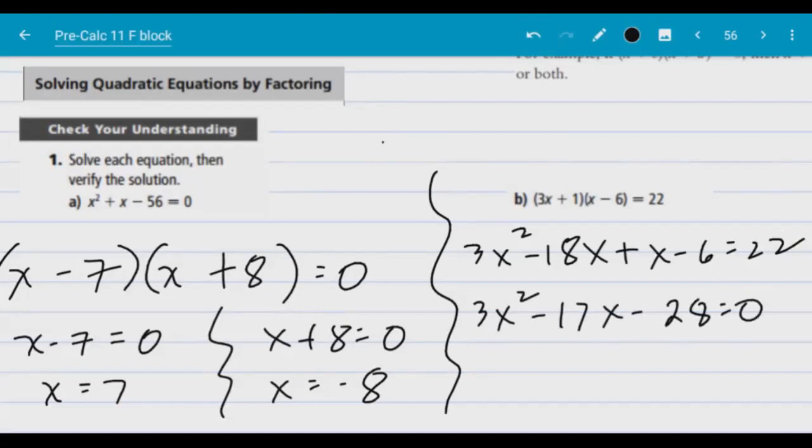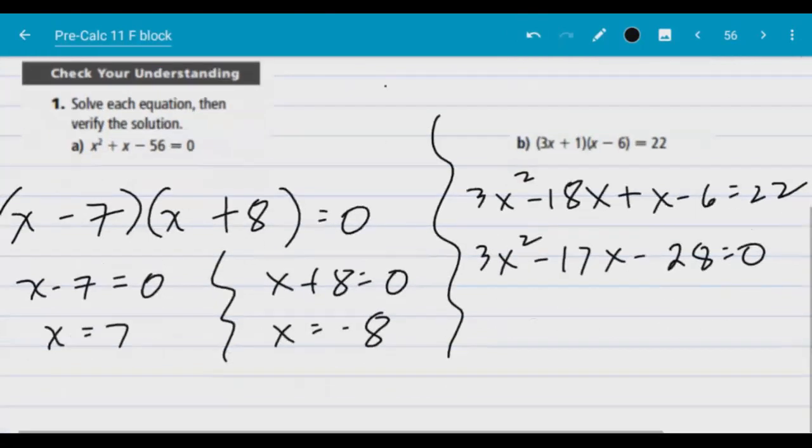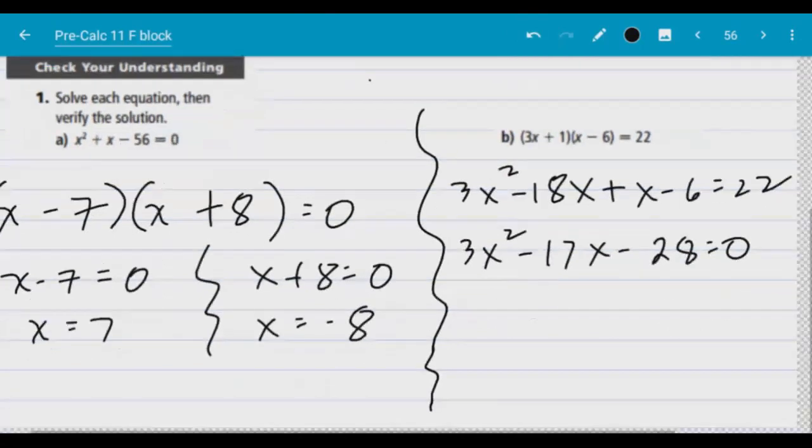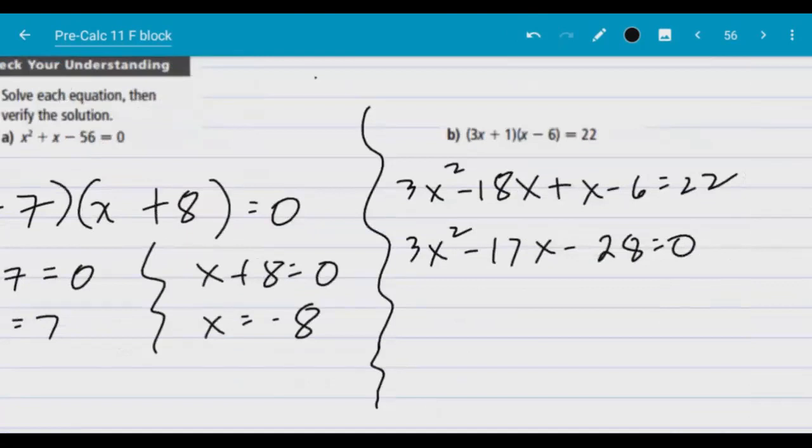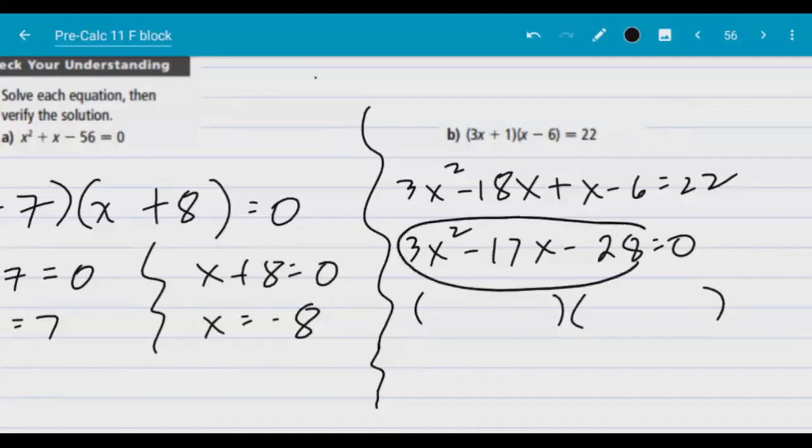Now, if you factor this, you probably would end up with decomposition. I would leave that for you to do. But me, I already can see that if I factor this trinomial into two binomials, the only way for me to have a 3x squared at the beginning when I FOIL would be to have a 3x here and an x here.